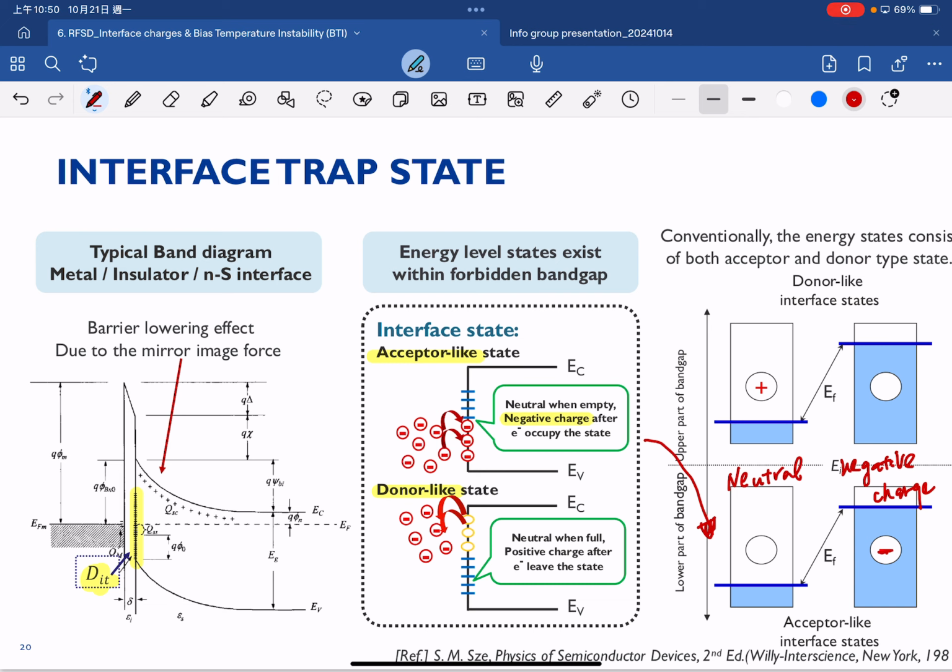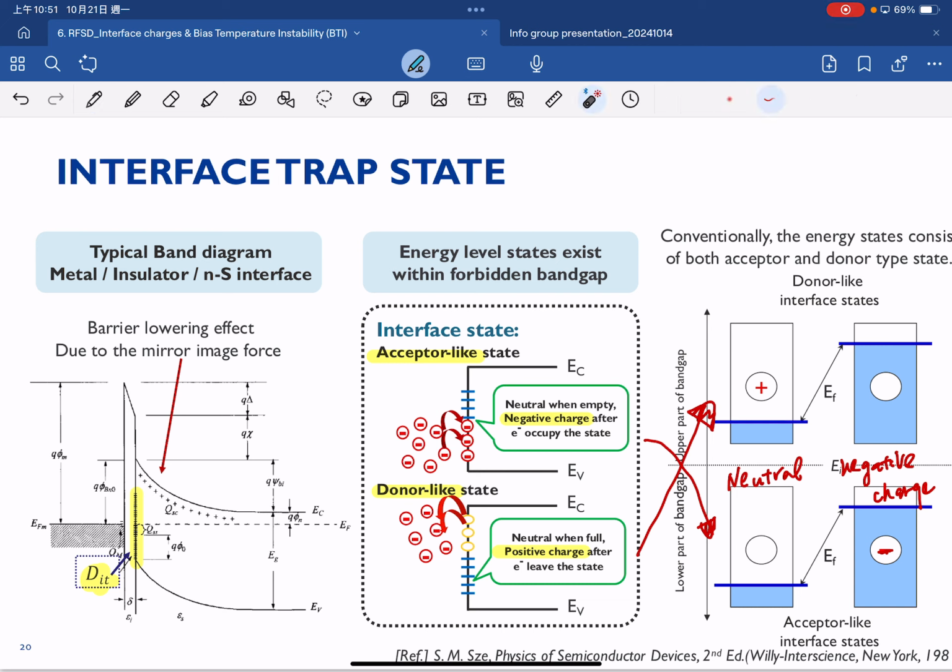Similarly, we can have another case called the donor-like. Donor-like is a completely opposite concept compared to acceptor-like: it's neutral when full, but a positive charge once electrons leave. This can also be understood from this one. By definition, neutral when full.